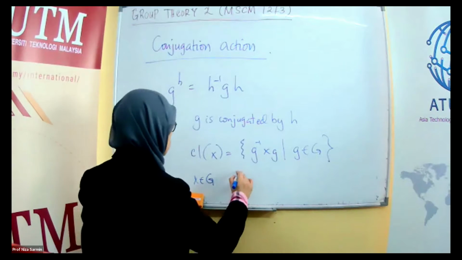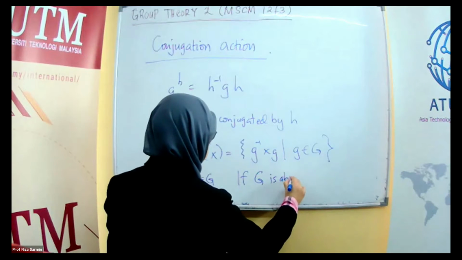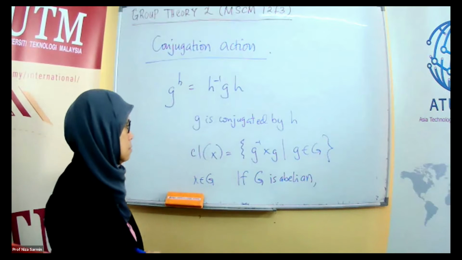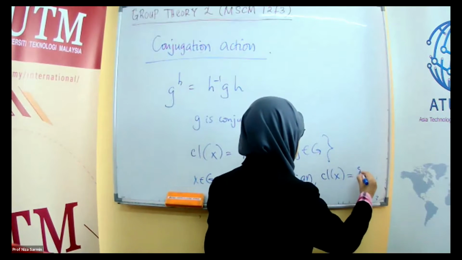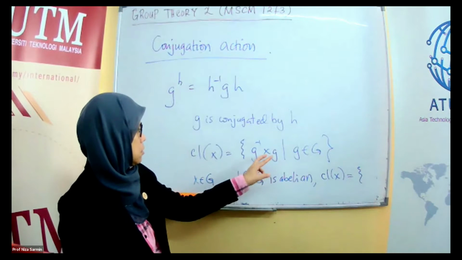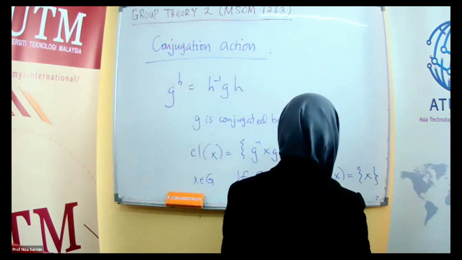So you see what happened if G is abelian. The conjugacy class of X. So if G is abelian, you can do this, right? This is equal to just singleton.